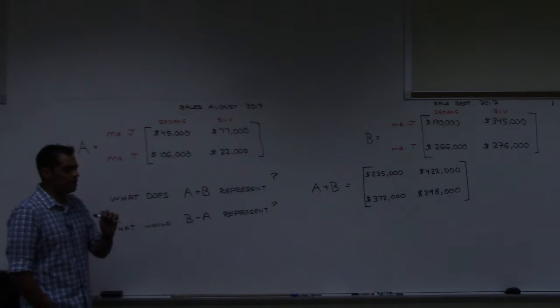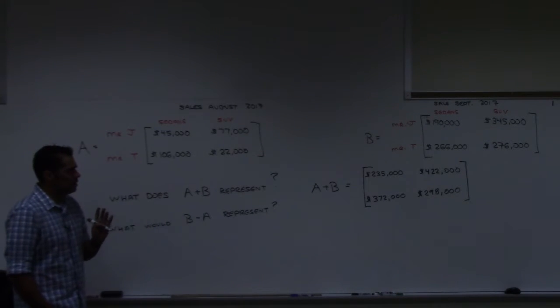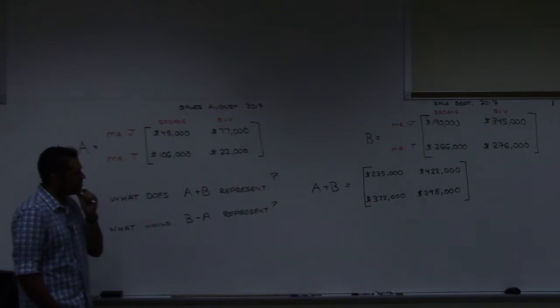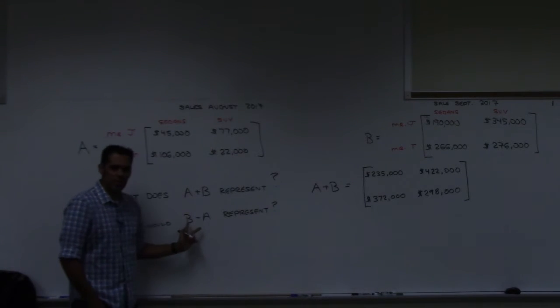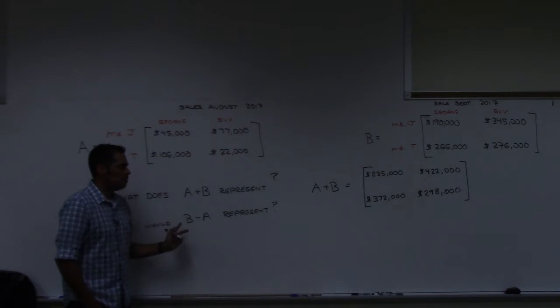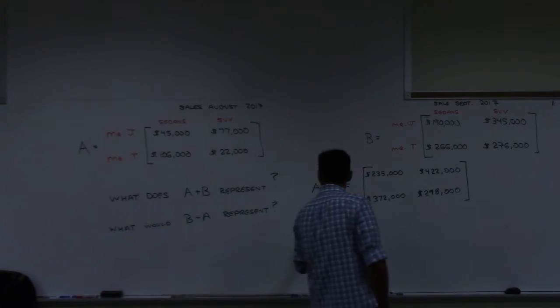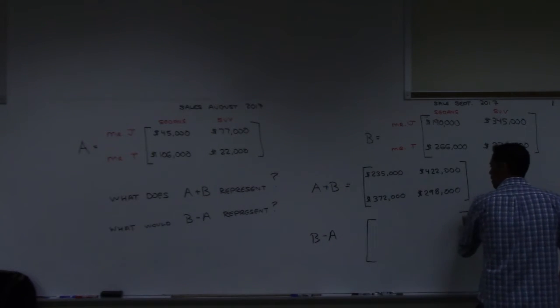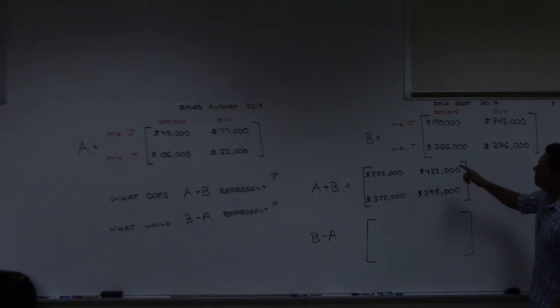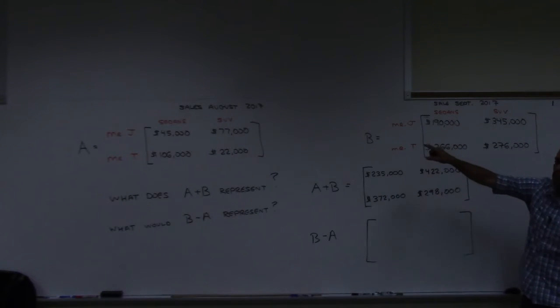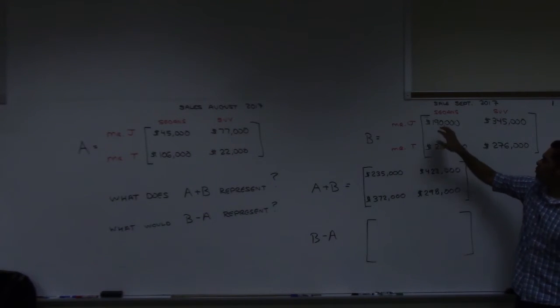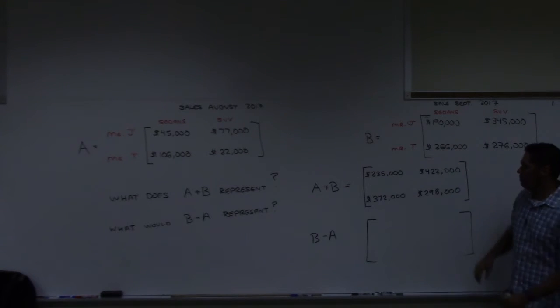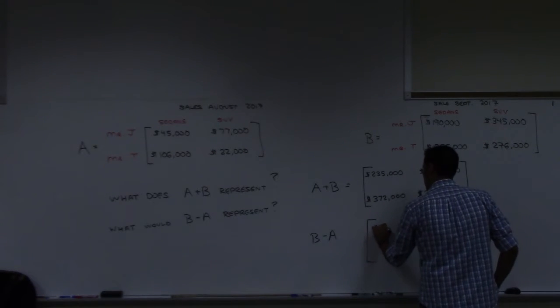But between which months? September and August, yes? See, in subtraction order matters, right? So let's just start with B minus A. We would have to do this one minus the 45,000, right? So what's 190,000 minus 45,000? 145,000?